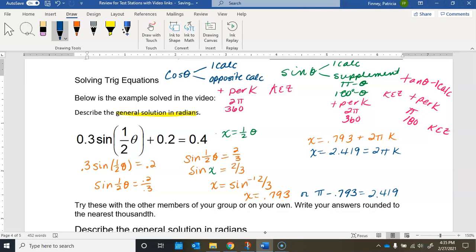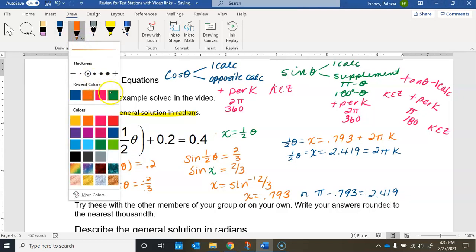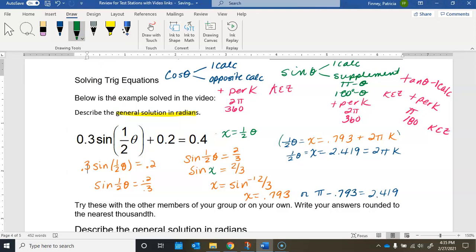But remember, we said that x was 1/2 theta. So in order to get rid of that 1/2 theta, what we're going to have to do is multiply everything by 2.